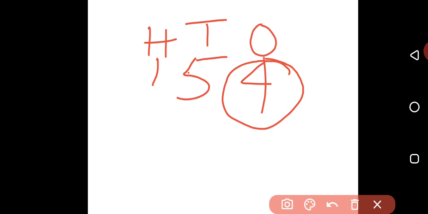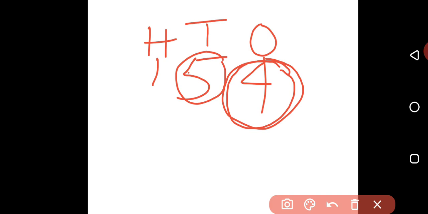If the digit in the ones place is 4 or less than 4, then we will replace the digit in the ones place with 0 without changing the digit of the tens place.